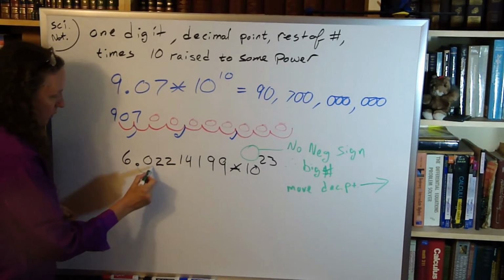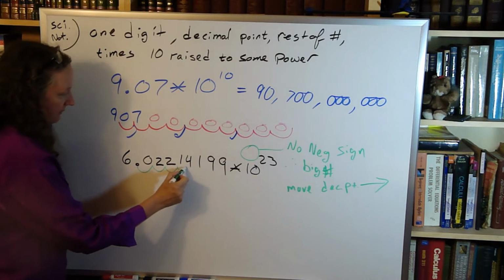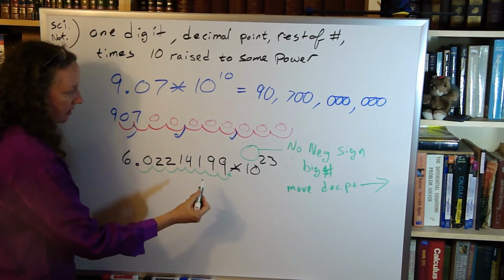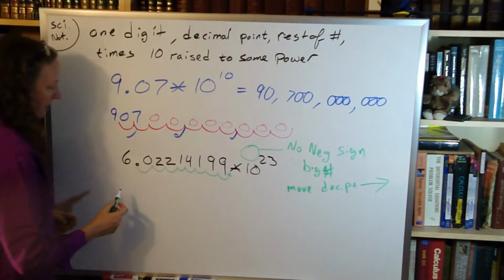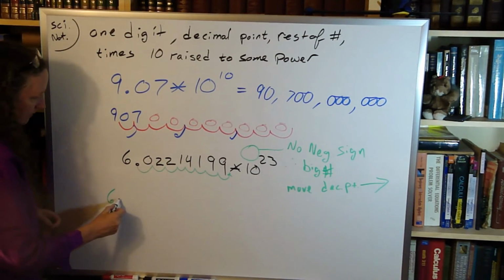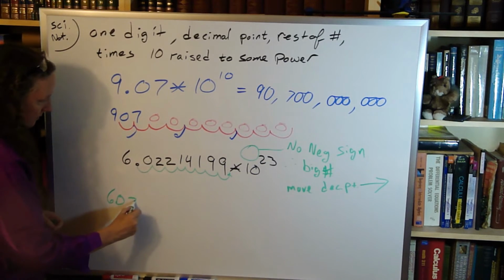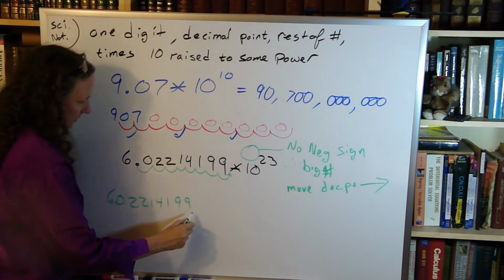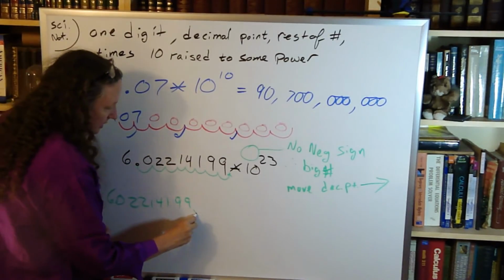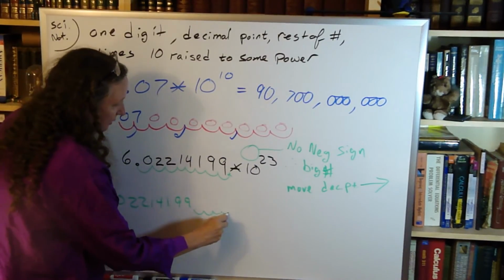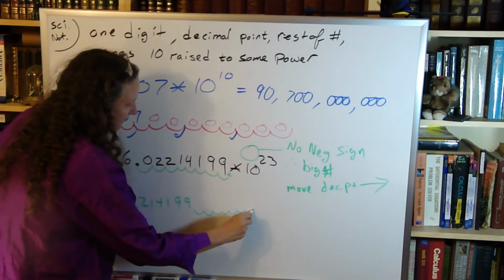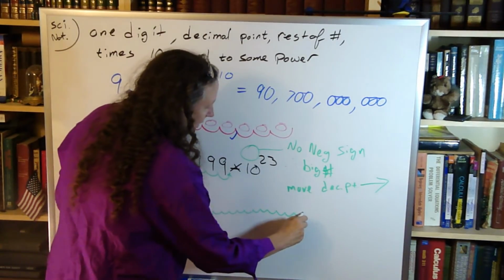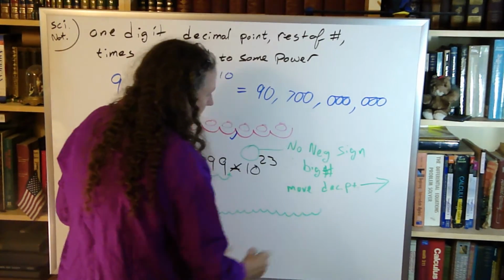So I start with 1, 2, 3, 4, 5, 6, 7, 8. And then I have to keep going from there. So that was 8, 9, 10, 11, 12, 13, 14, 15, 16, 17, 18, 19, 20, 21, 22, 23.